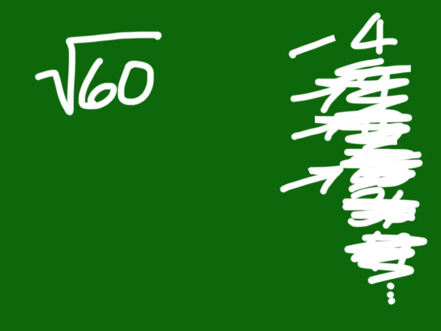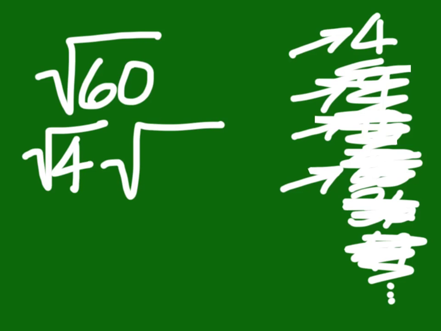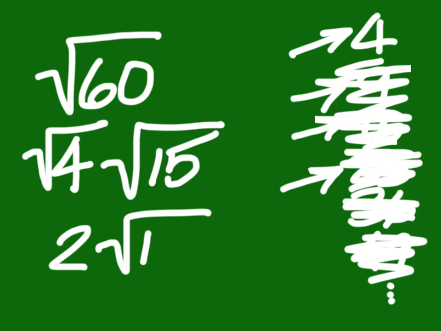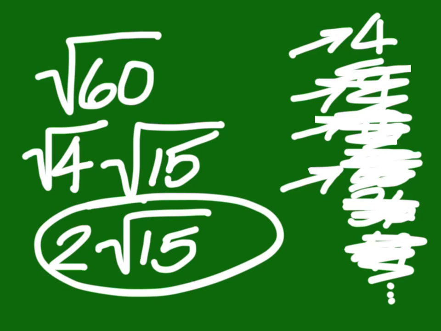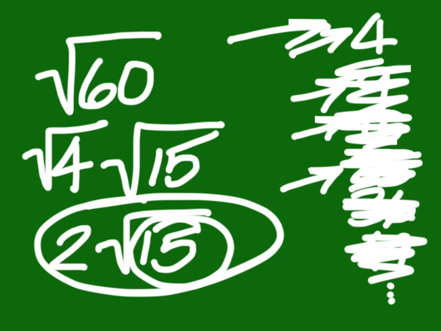You're left with 4. The square root of 4 times the square root of what? 15. The square root of 4 is 2, and the final answer is 2 square root of 15. There are no more perfect squares that will come out of 15. If there were, then you did not choose the highest one to begin with.